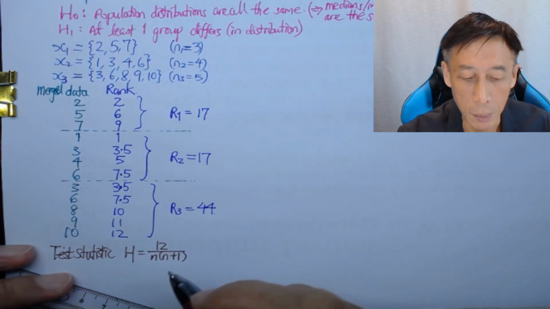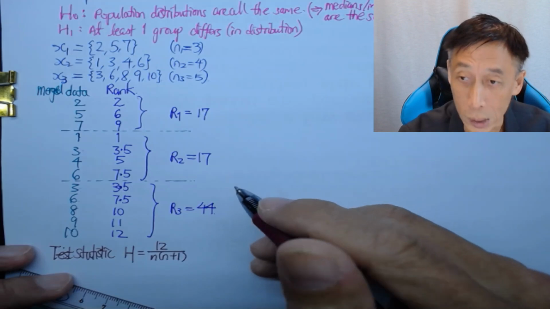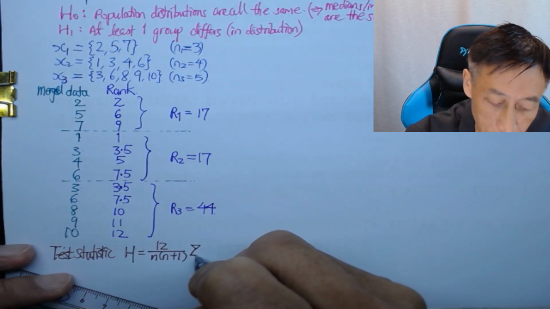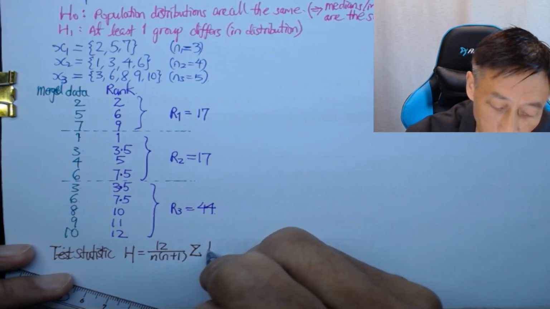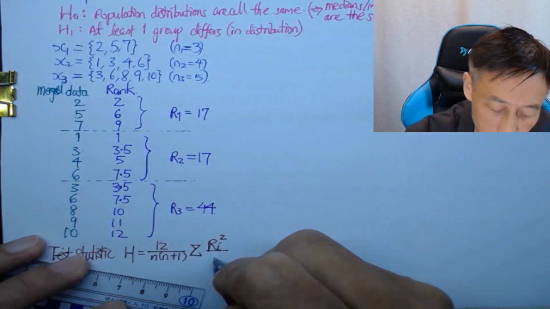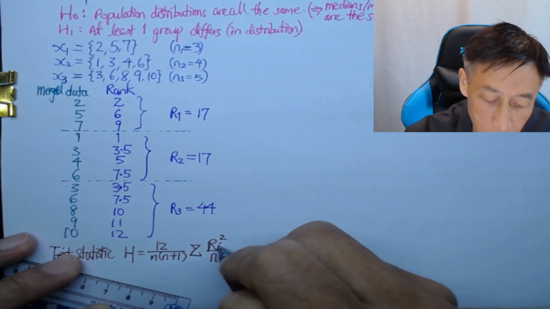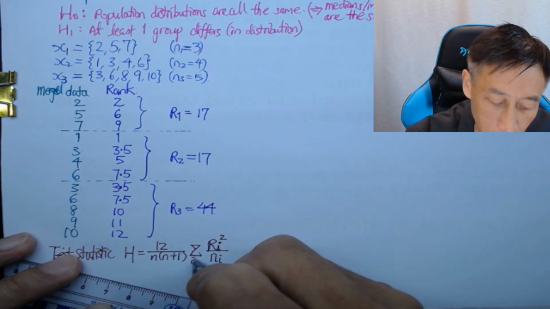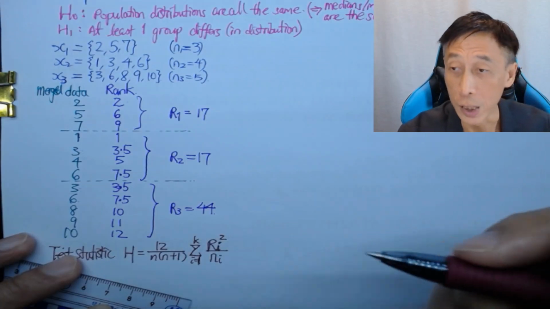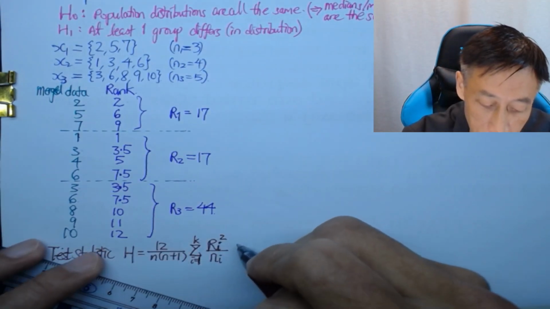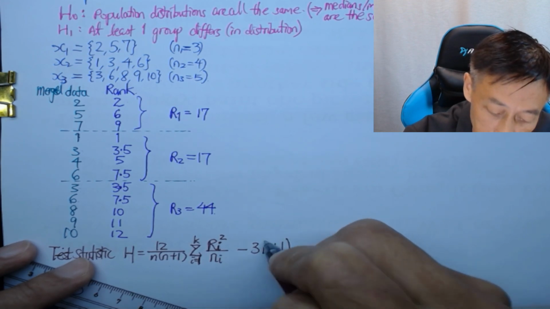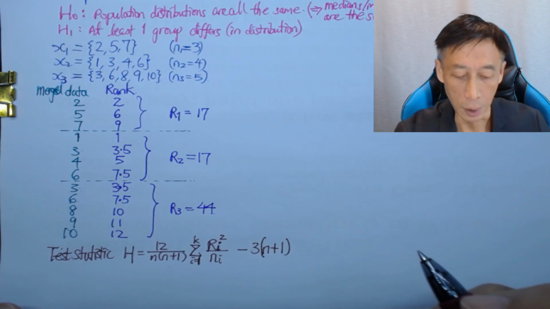This n is the sum of n1, n2, and n3, so the total sample size. Then the summation of all the rank sums squared over each sample size, with i equals 1 to k, where k is the number of groups. So we have 3 here. Minus 3 times n plus 1. This is one term by itself.